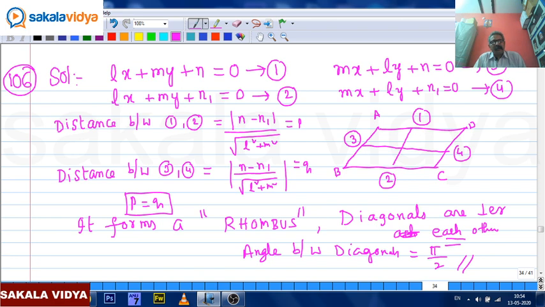So you may ask one doubt, so when do we get a square? For example, if 1 and 3, 2 and 4 are perpendicular and the distances between the parallel lines are same, then it forms a square. Any shortcut means this is the shortcut itself only.